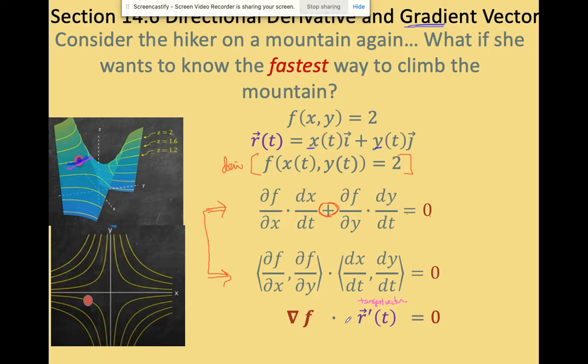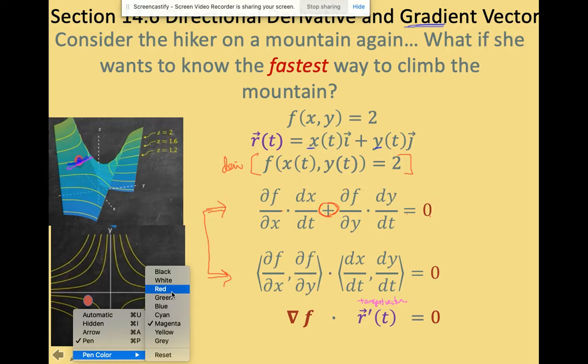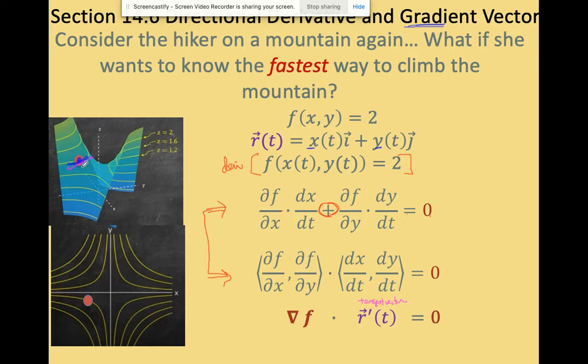If your dot product is 0, you must be perpendicular. The gradient vector is always perpendicular to the tangent vector.